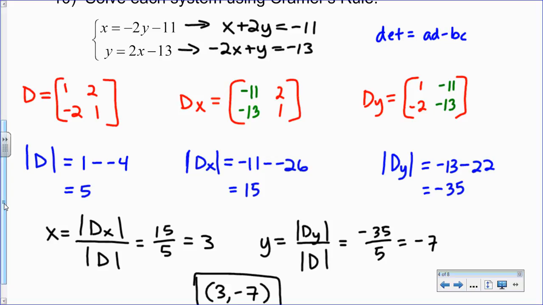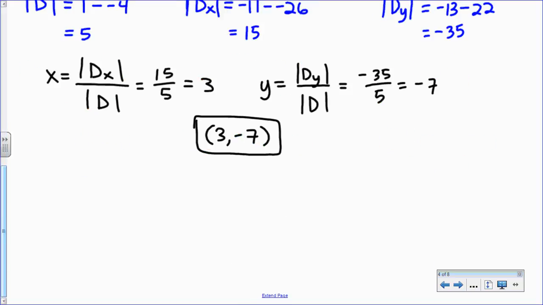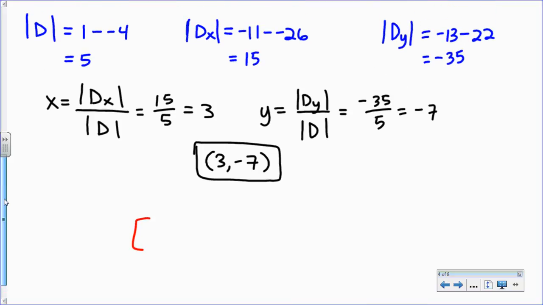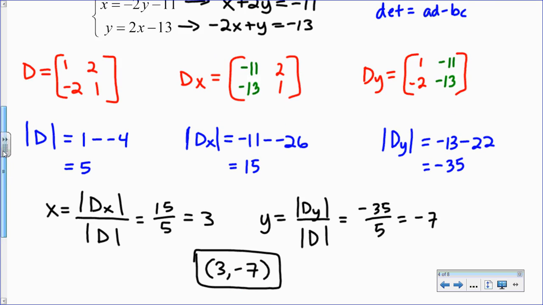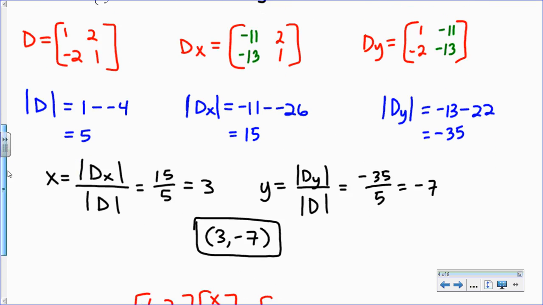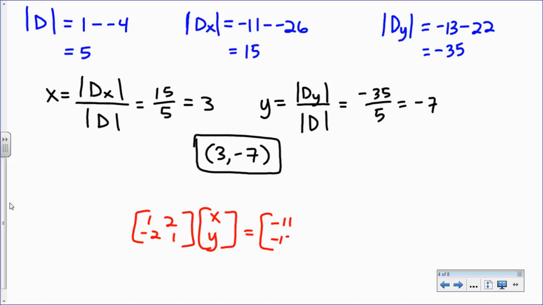Okay, so we just learned to solve that using a matrix, versus taking out the variables and solving without the matrix. In relation to a matrix, I think the best way to look at it is where you would have your A inverse times B. So you have your coefficient matrix times xy, which gives you negative 11, negative 13.